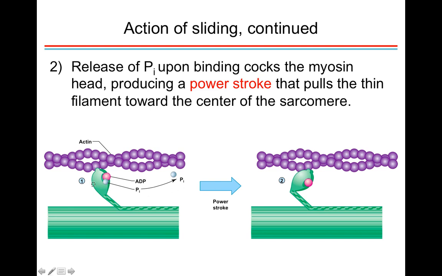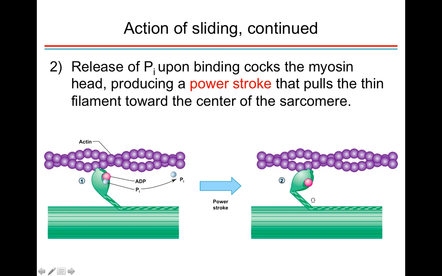This is going to allow for the conformation of the myosin head to go from the extended conformation to the bent conformation. And in doing so, there's going to be a movement of the myosin. When it's straight versus when it's bent, it's going to be moving myosin to the left, okay?